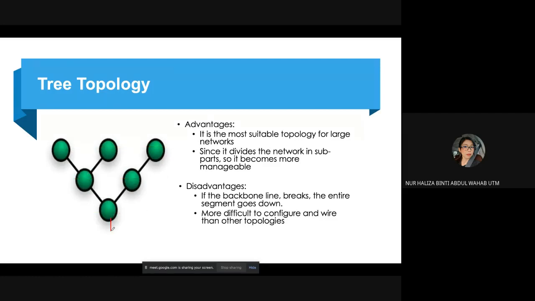So on the first layer, normally I give you the example of our UTM network. Maybe you have a connection with your UTM network at your college or maybe at your faculty. So you have UTM. UTM networks are handled by our CICT.